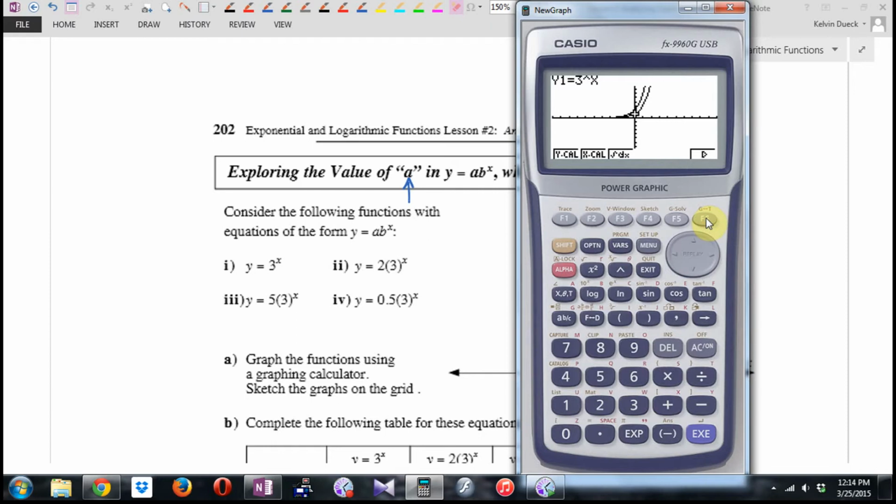Everybody got this? So it says YCal, XCal, and that funky thing. What we want to do is a Y calculation. So if you hit F1 and you type 0. Oh, sorry. First you have to tell it which graph. So F1 and your screen says this. If you hit enter to execute to pick that graph, and now you get that screen. Okay?